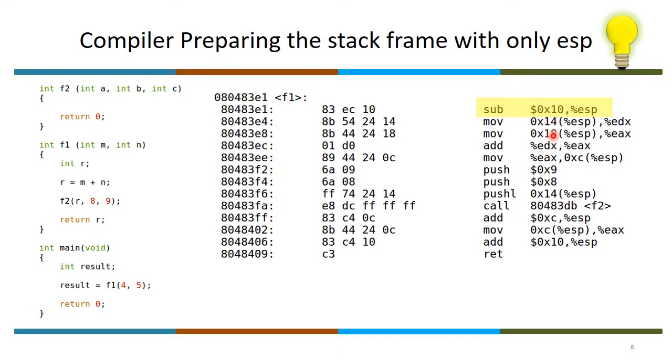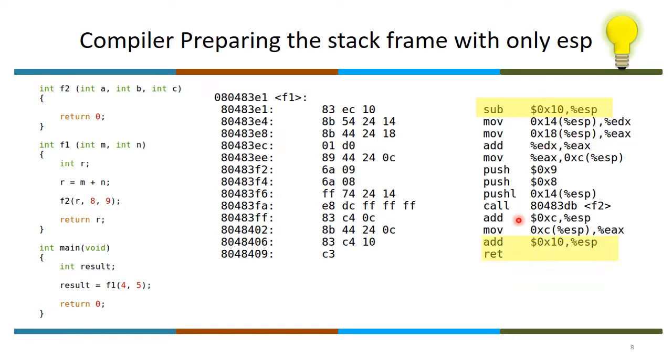This is how it is referencing the memory where the value of m and n are stored, right? If you print the address of m in the program, you will see the address got by ESP plus 14. Address of n is got by ESP plus 18. This is what is relative addressing.